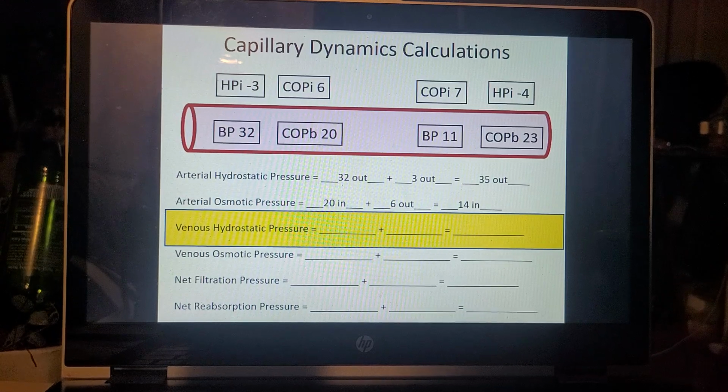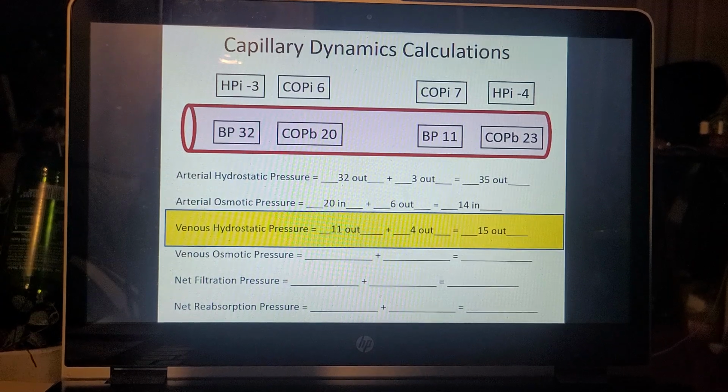Venous end hydrostatic pressure. 11 out, 4 out, same direction, we add, 15 out.